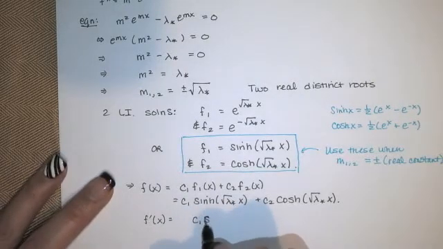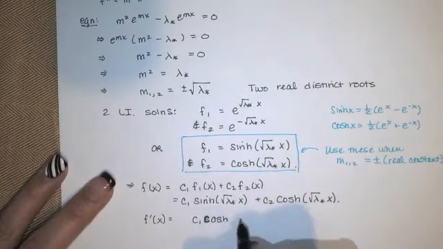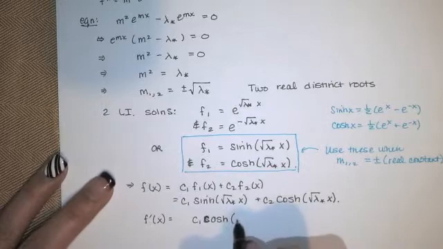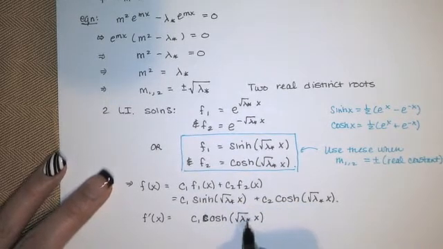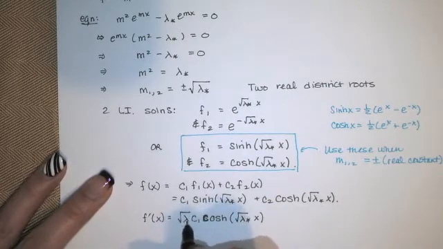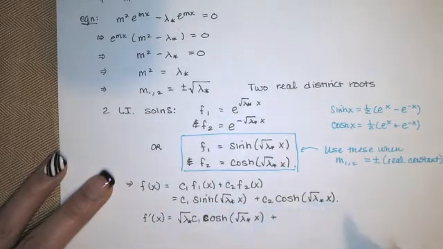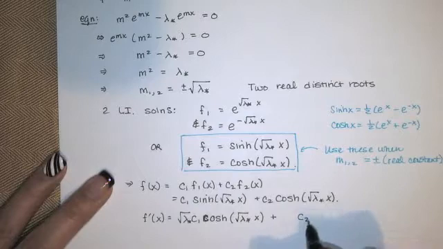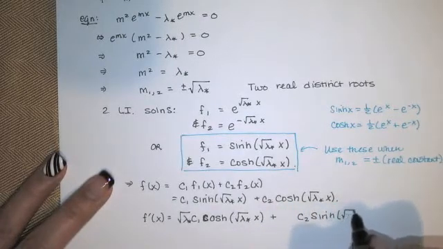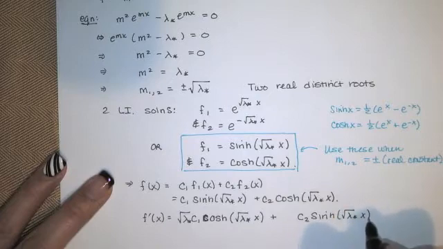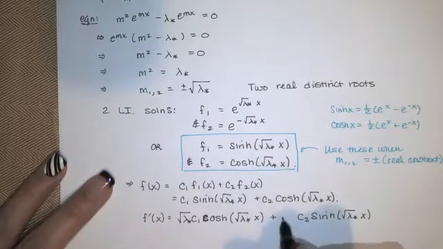Remember from previous courses, usually calculus 1 or calculus 2, the derivative of hyperbolic sine is hyperbolic cosine. And then I've got a constant times x inside. The derivative of a constant times x is that constant. Then over here, bring your constant C2 down. The derivative of hyperbolic cosine is hyperbolic sine. The derivative of a constant times x is that constant.